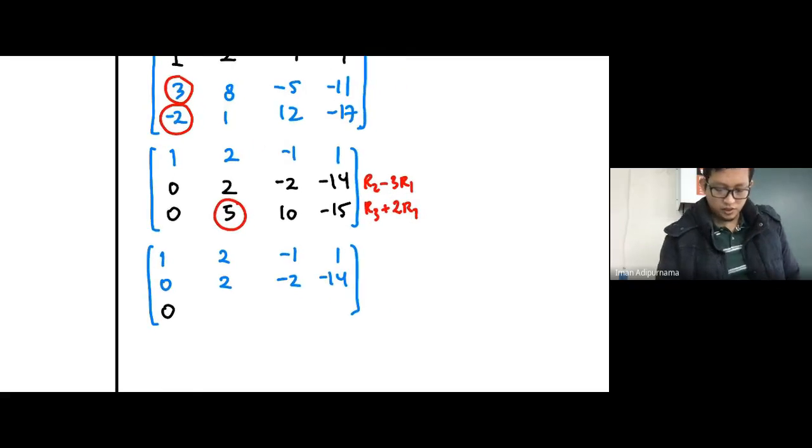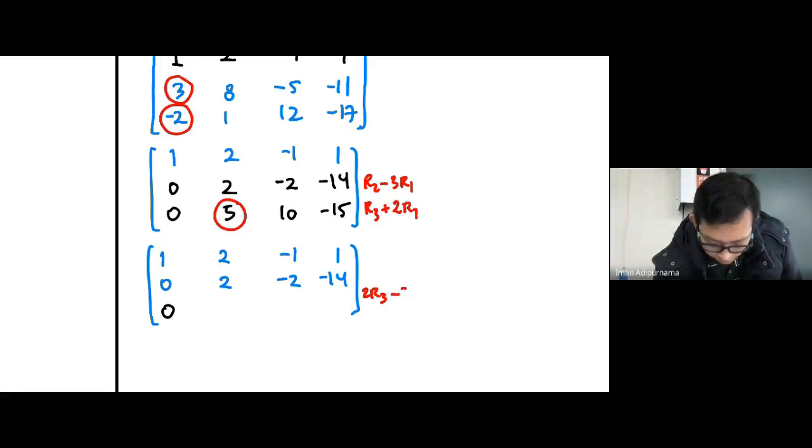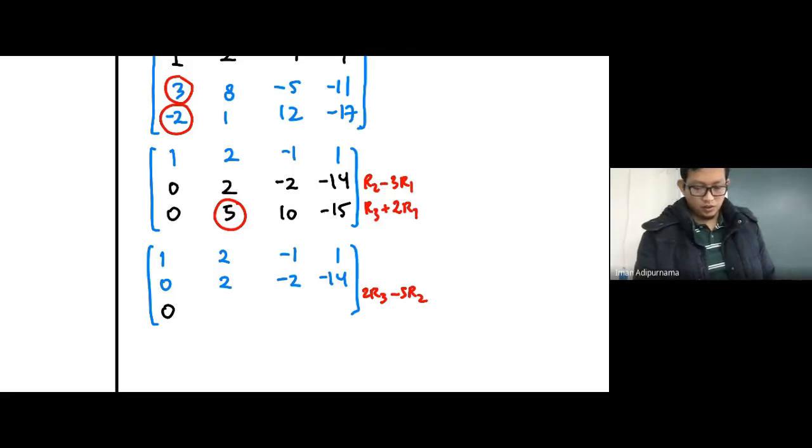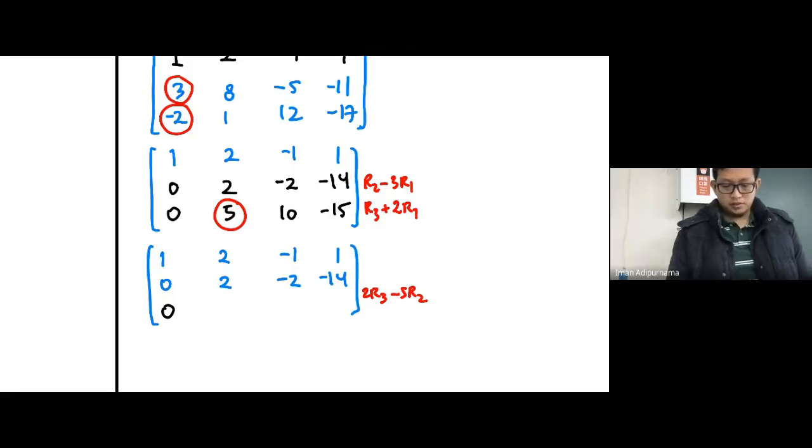And I need to write down 2R3 minus 5R2. So 5 to 10 is 0. 20, 20 minus, it's 30.